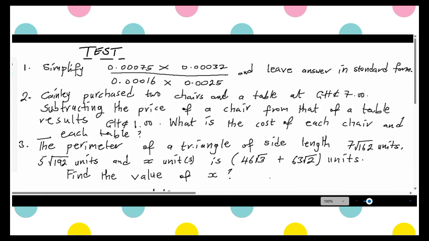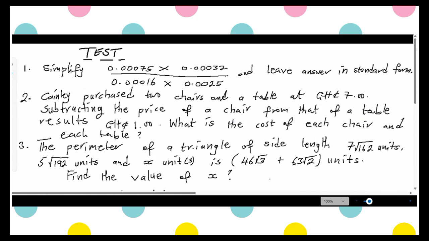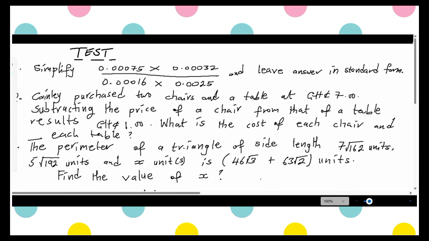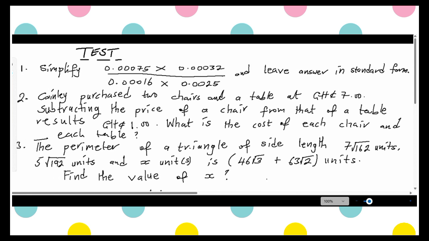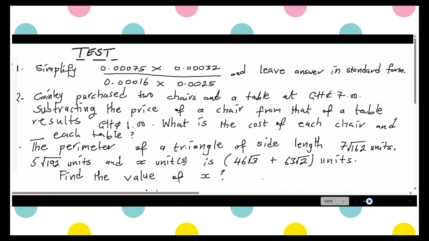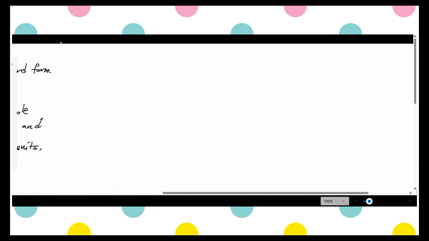The next question says that, as we have read already, Kindly purchases 2 chairs and a table at 7 Ghana cedis, and subtracting the price of a chair from that of a table results in 1 Ghana cedi. What is the cost of each chair and each table? So from this question, we are going to solve it by first doing some declaration.